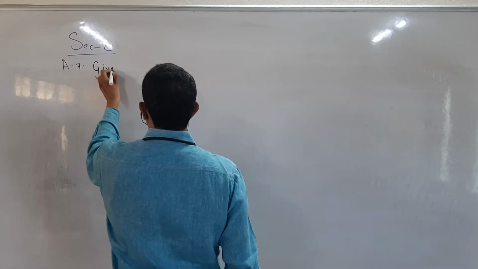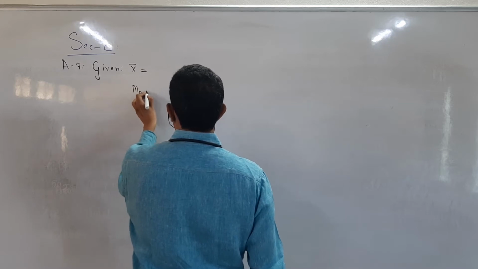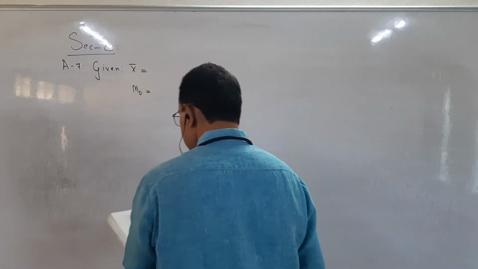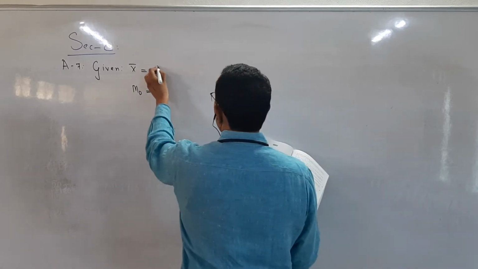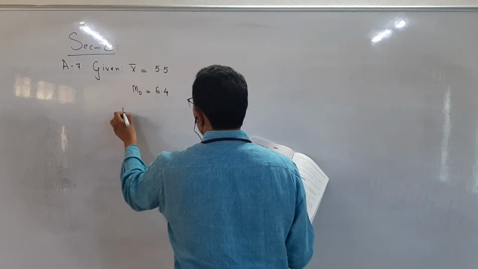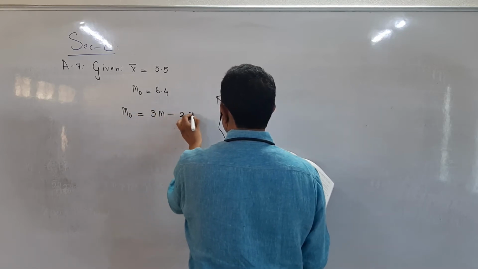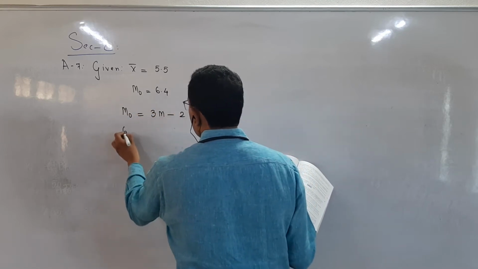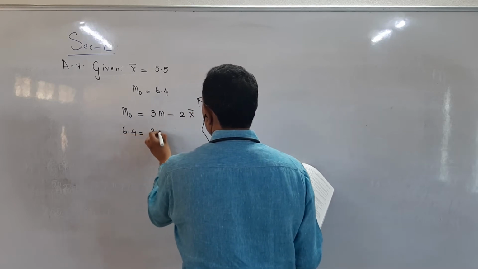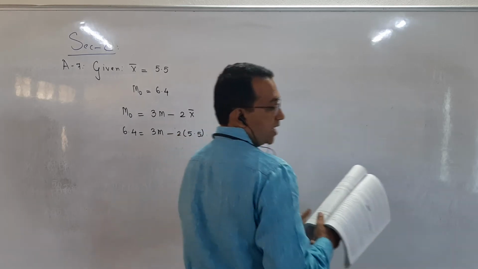Given are mean x bar and mode m0. Mean is given as 5.5 and mode is given as 6.4. Mode m0 is equal to 3m minus 2x bar. 6.4 is equal to 3m minus 2 into 5.5.